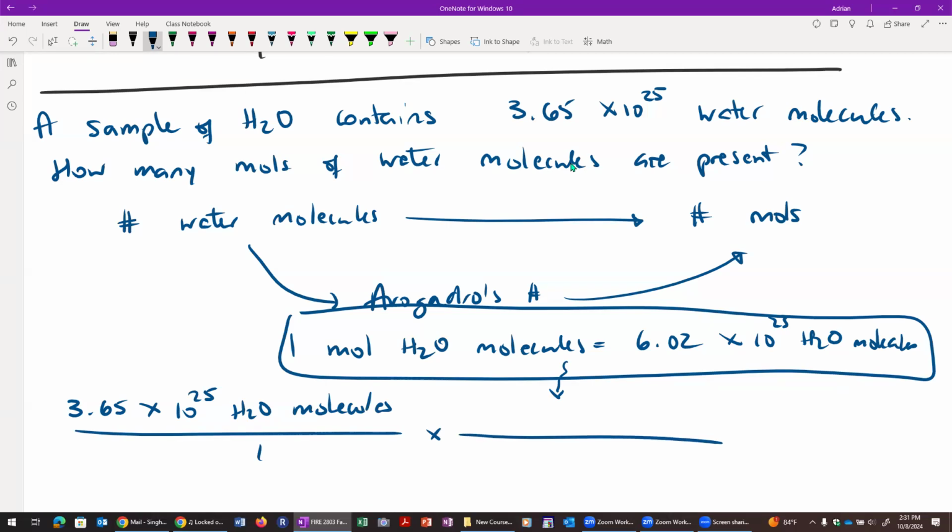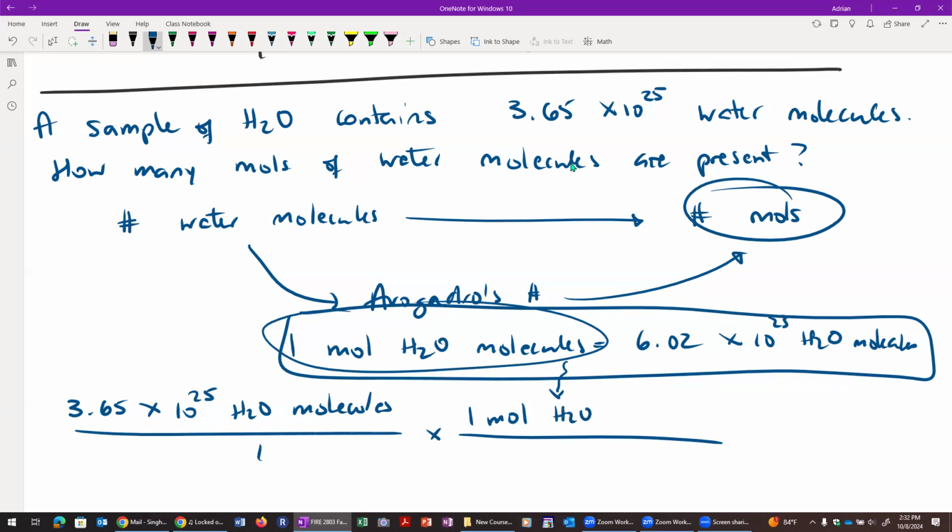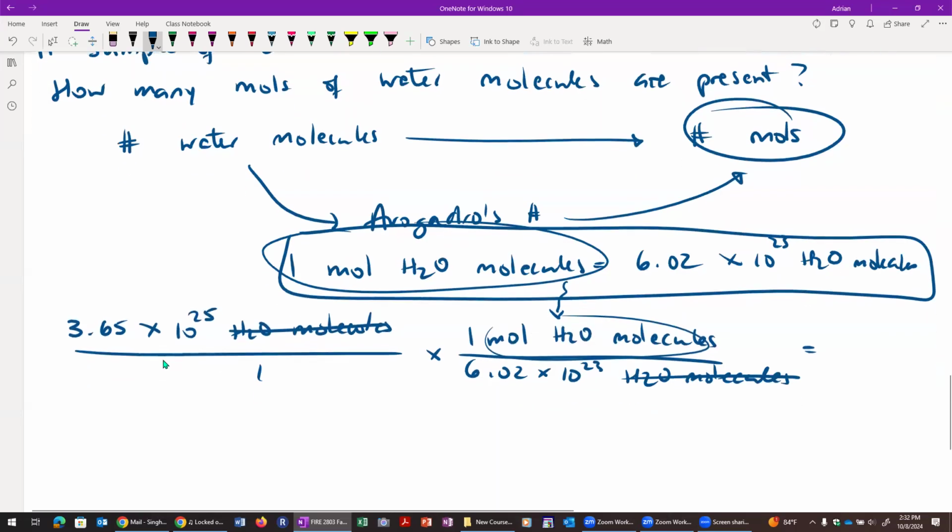I want to end up with moles as my unit, so I'm going to put the moles side of this on top. For every 1 mole of H2O molecules, I have Avogadro's number, 6.02 times 10 to the 23. So the number of water molecules goes away, and I end up with moles as my units, so the units make sense. Then I'm just dividing 3.65 times 10 to the 25 by 6.02 times 10 to the 23.